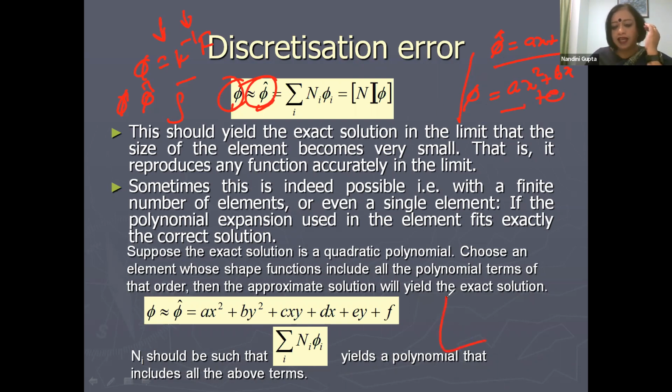So in that case, you will have mismatches. But suppose phi really is some linear function. In that case, if you find phi hat equal to ax plus b, subject to the boundary conditions, you will be able to find the exact solution. There will be no discretization error, theoretically.